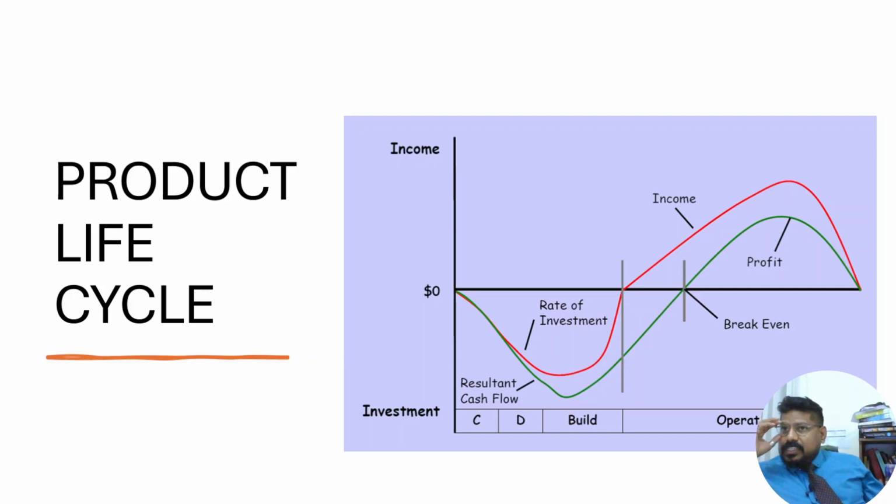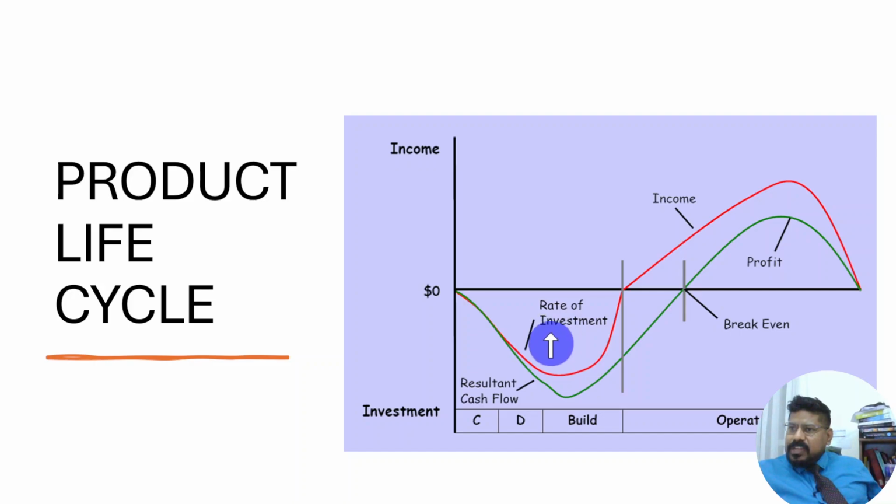Okay, let's see this product life cycle. You have investment, you have income. So first, when you are investing a lot of money, you are purchasing land. Land is costly. You are hiring team, costly affair.